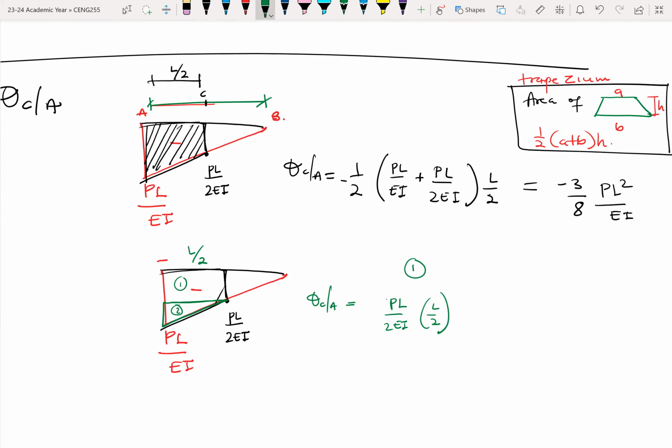Again, let me just bring the negative in front. And plus, now we have this area to deal with. So let's find this height. This height is the entire height here, PL over EI, minus the height at C, which is PL over 2EI.